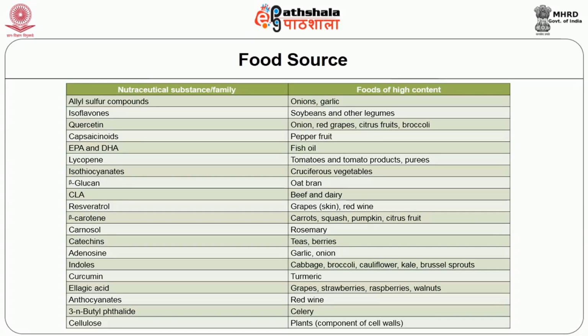Grapes, strawberries, raspberries and walnuts are good in ellagic acid, and red wine is rich in anthocyanins, and plants or the component of cell walls are rich in cellulose, as you all know.